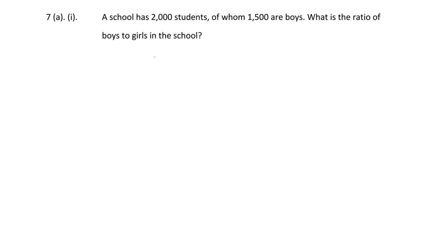The number of girls will equal the number of students minus the number of boys. So we are going to take 2,000 minus 1,500, then we are going to get 500, and this is the number of girls.